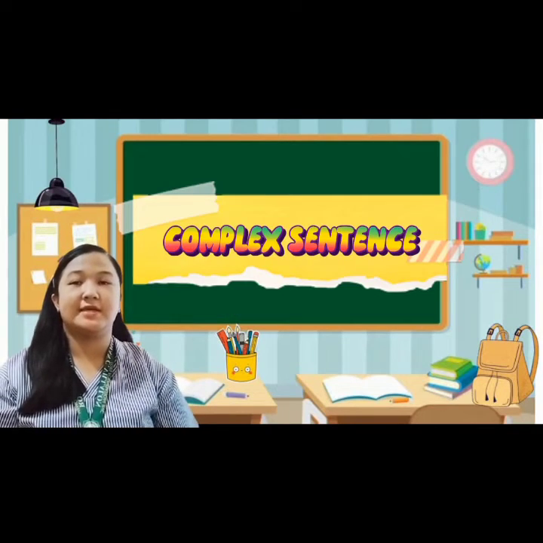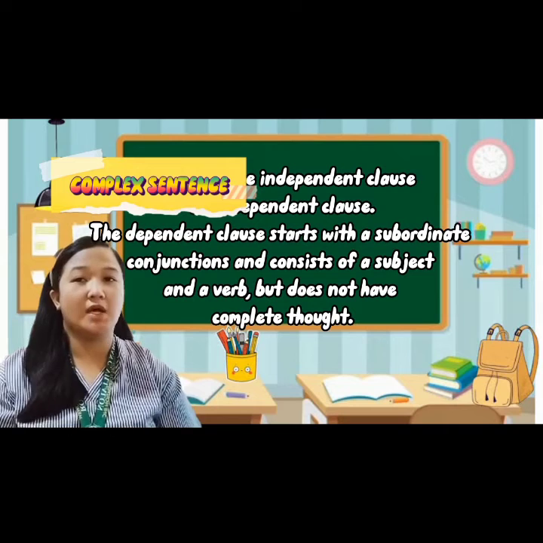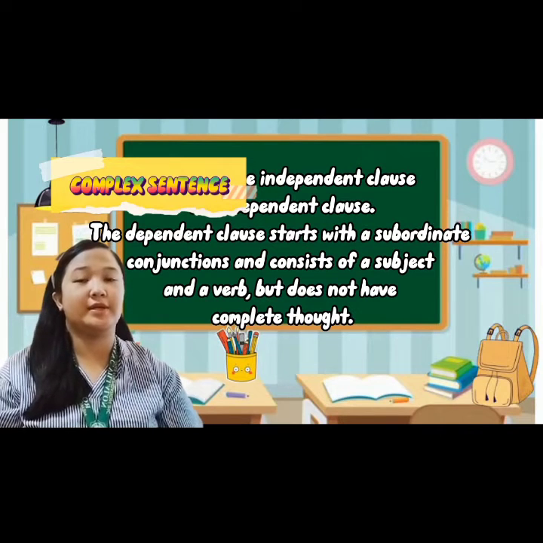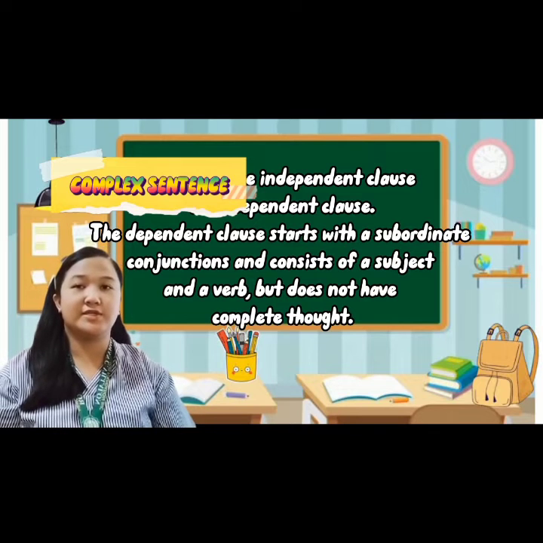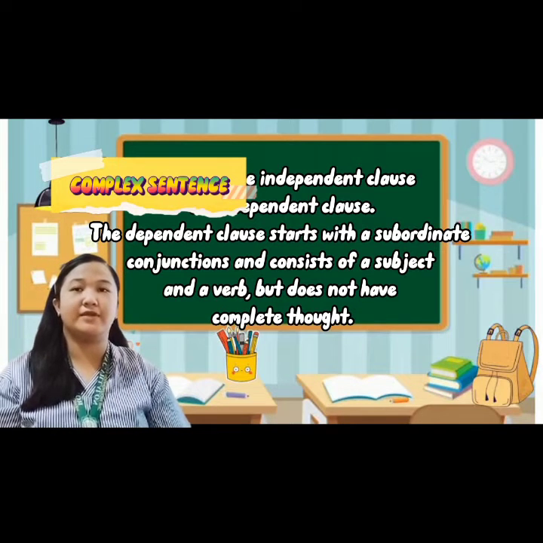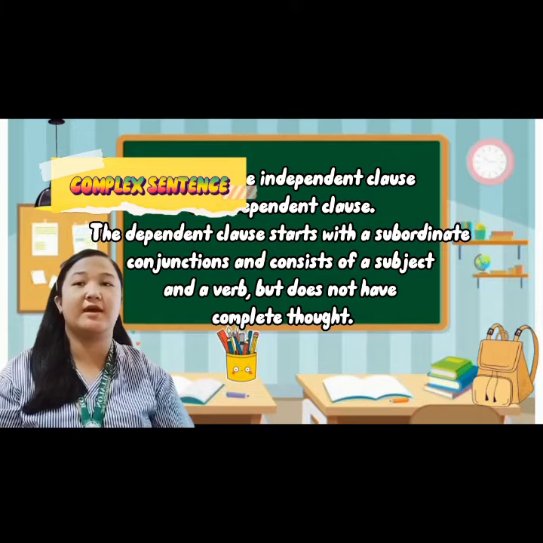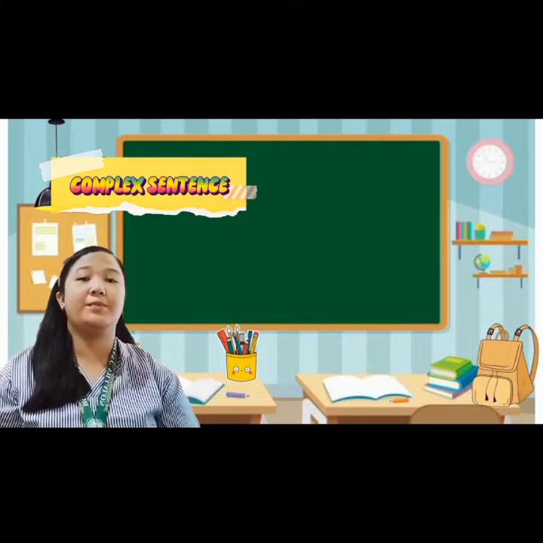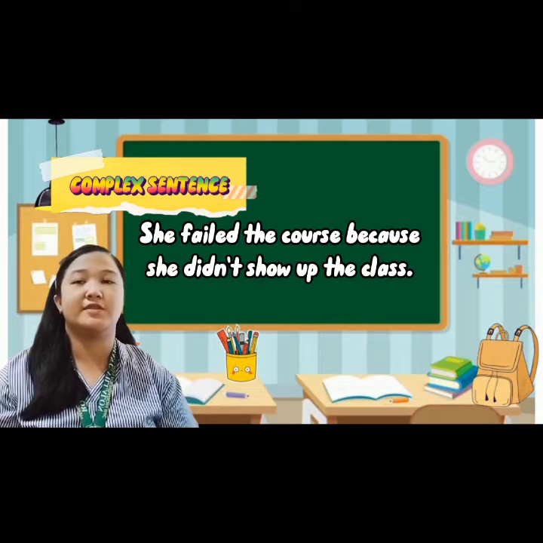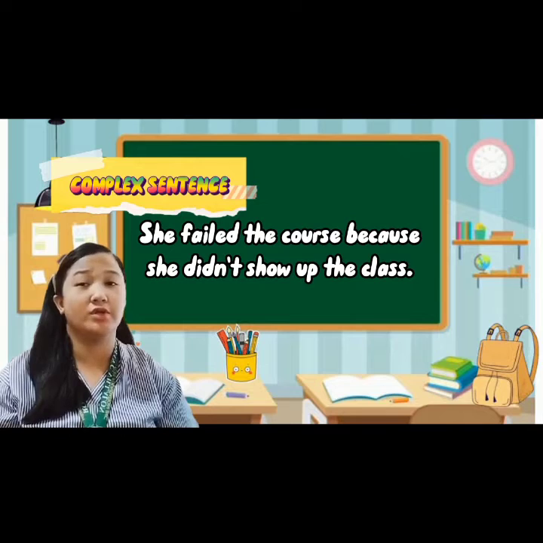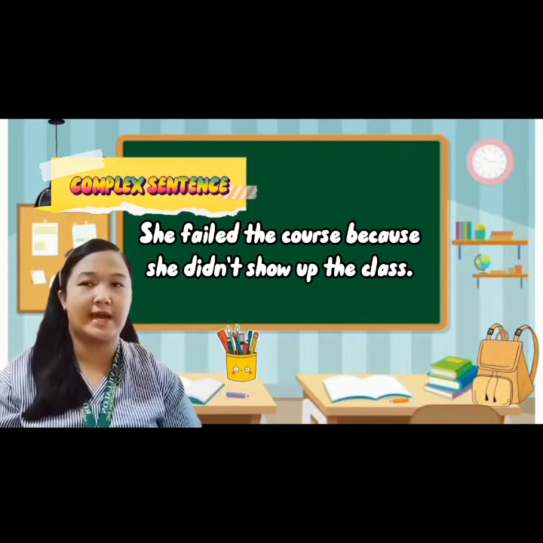Complex sentence comprises the independent clause and dependent clause. The dependent clause starts with a subordinating conjunction and consists of a subject and a verb but does not have complete thought. Independent clause, subordinating conjunction, dependent clause. She failed the course because she didn't show up in class.